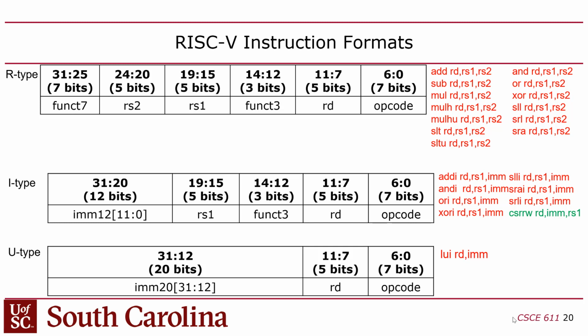We also have this crazy func3 field that seems odd, especially considering that we've also got an opcode and a func7. I don't really have a good sense of why those exist, to be honest. I'm sure there's a reason. You guys probably remember from MIPS that if the opcode were all zeros, that was a special flag that said, oh, I'm doing an R-type instruction, so look at the function code, right?